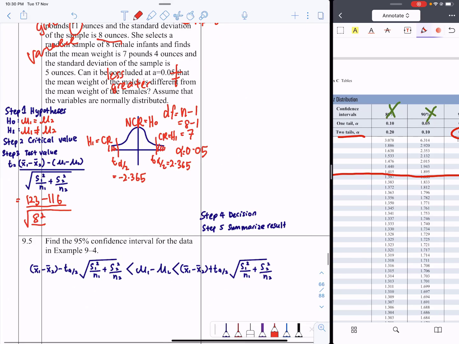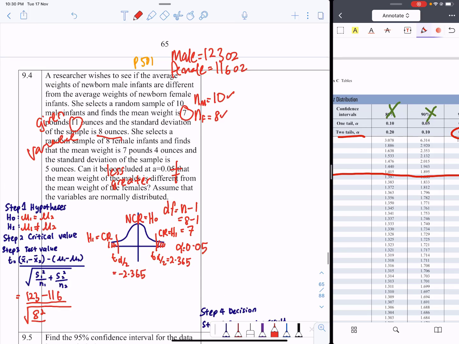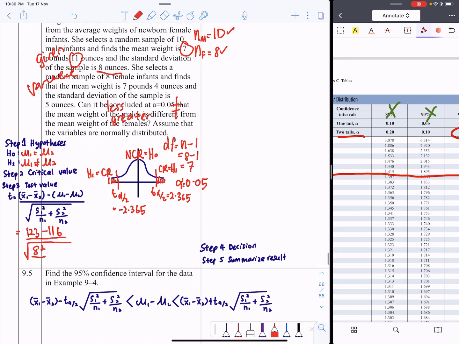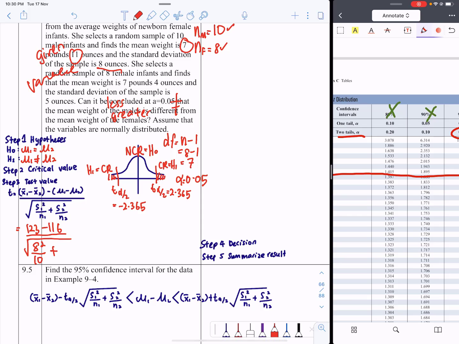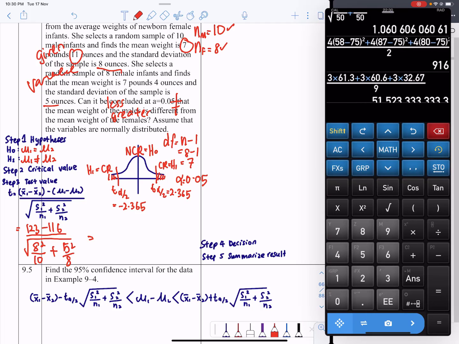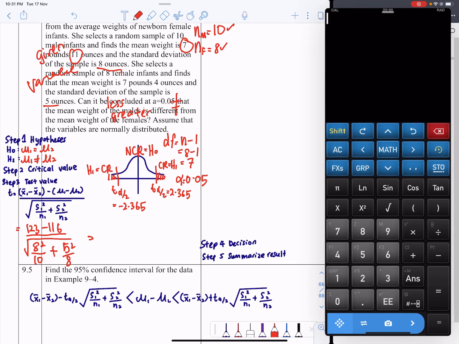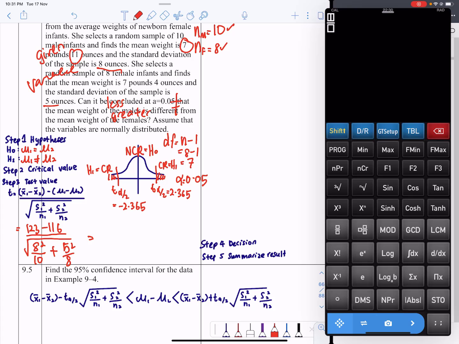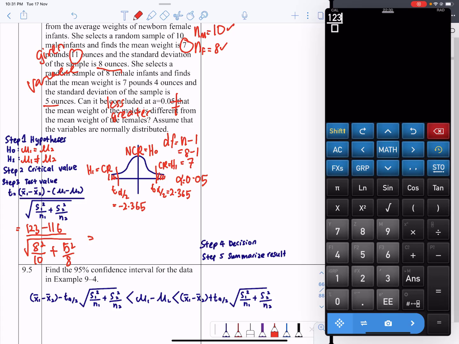And then we have what? Sorry, for male, 10. Plus we have the standard deviation of 5 ounces, how many? 8. Then what is the answer? We need to use the calculator. 123 minus 116.